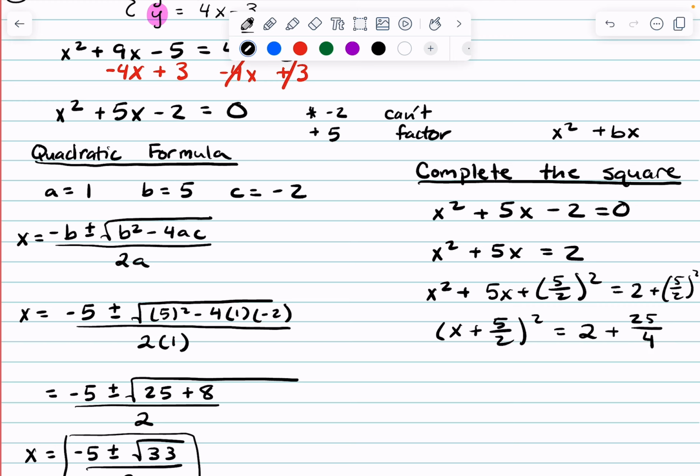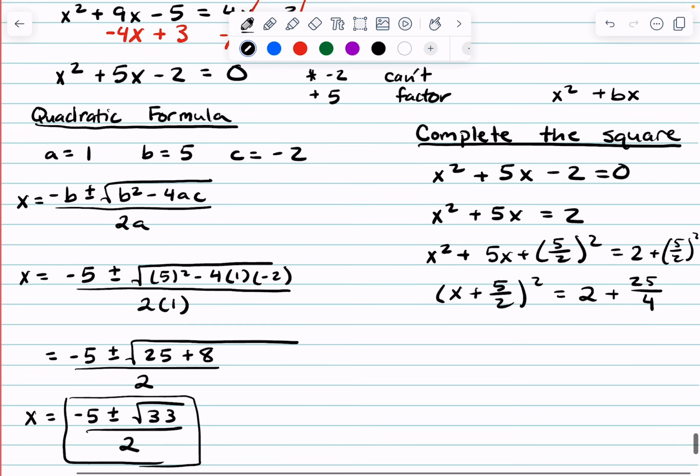And then I'm going to go ahead and simplify the right-hand side by finding a common denominator. So 2 is the same thing as 8 over 4.